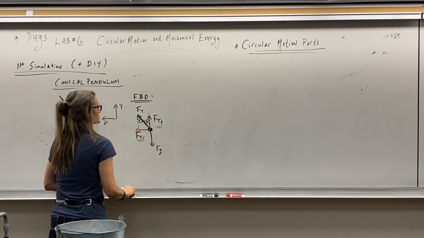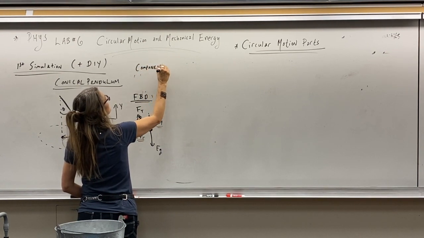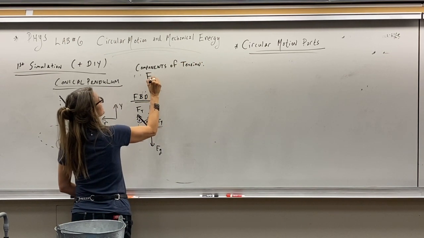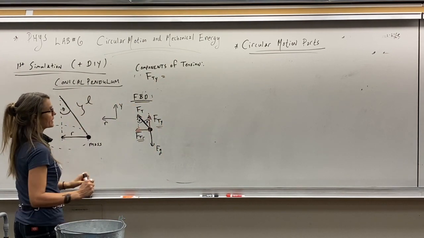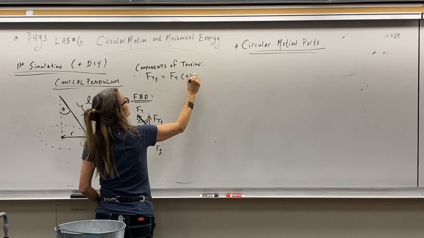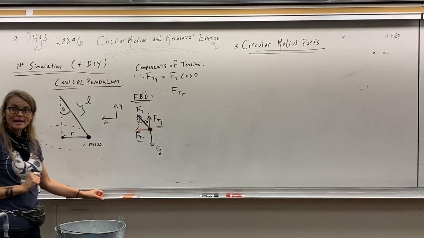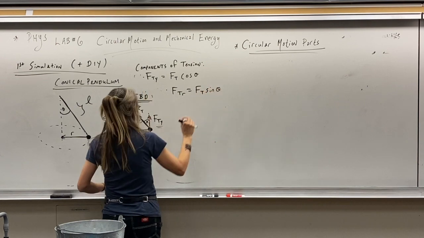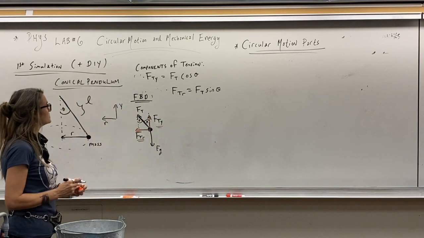Okay, so my components will be: FTY will be FT cosine theta, and then FT radial, the radial component of tension, will be FT sine theta, as you can see right over here. Okay, it's the opposite. Either way. So very important.